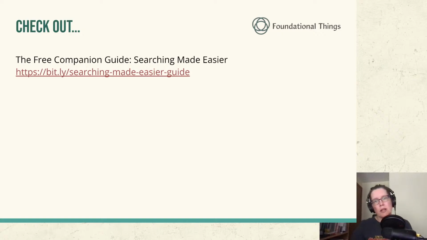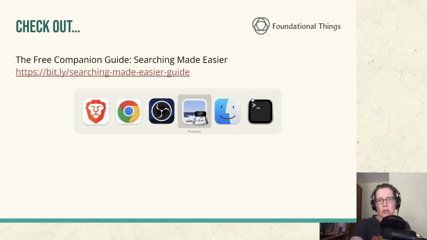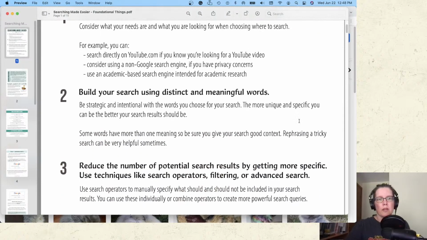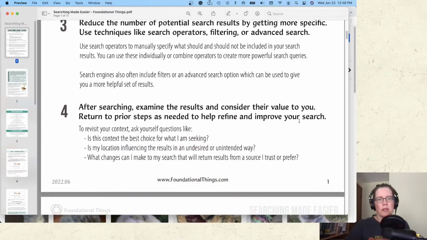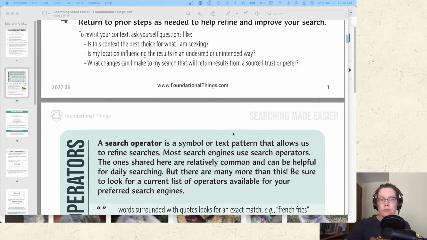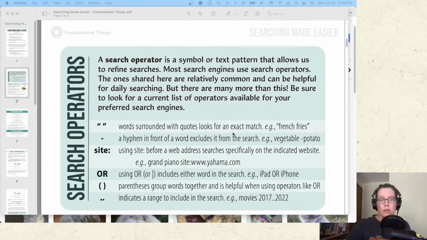Check out the free companion guide, Searching Made Easier. I meant to actually show this to people yesterday, but it's an 11-page guide, Searching Made Easier, with a summary at the top. A lot of the stuff we're starting to talk about now gets into context, and we have the overview of search operators.